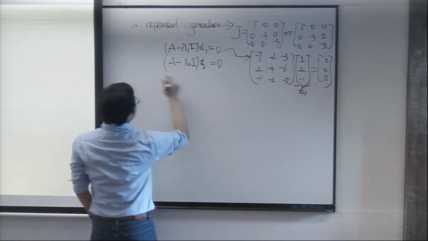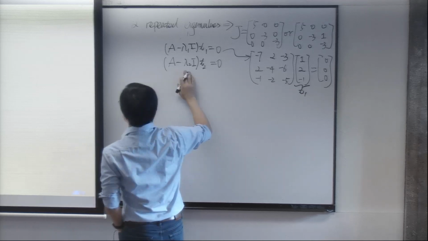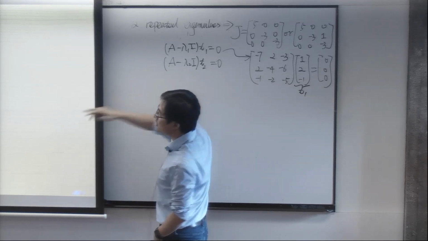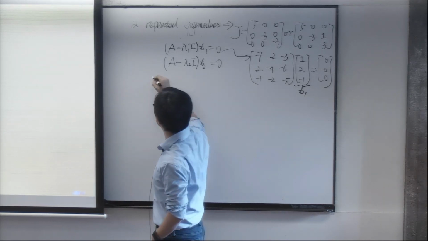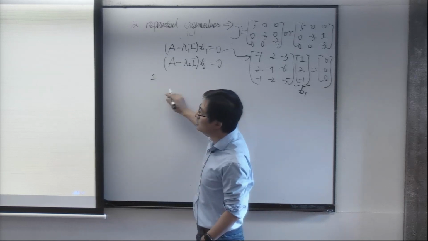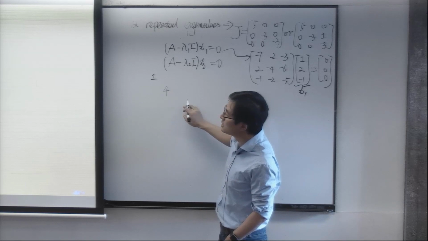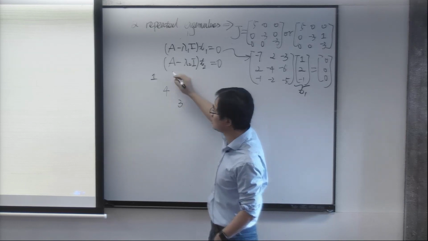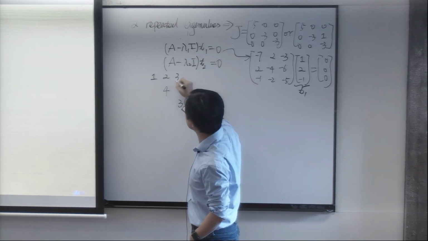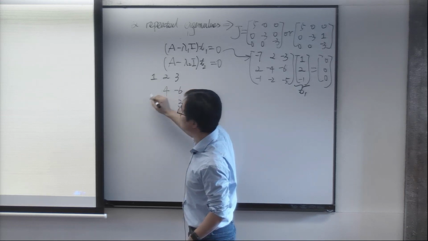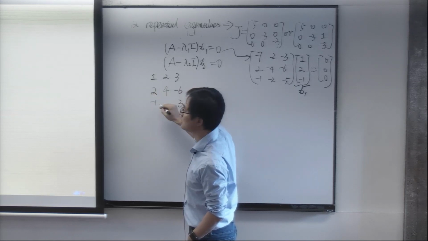And then for this one, we need to consider A minus lambda 2. So it's negative 2 plus 3, it's 1. And then 1 plus 3, that's 4. And then 0 plus 3, that's 3. Everything else is the same.